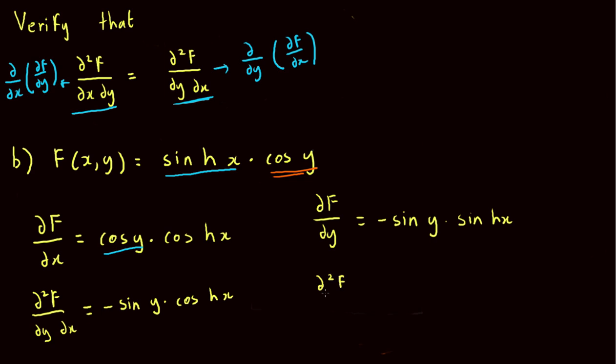And for del square f, del x, del y, we're only interested in sine hx. We already know the derivative of sine hx is cosine hx, so it's just negative sine y cosine hyperbolic x.